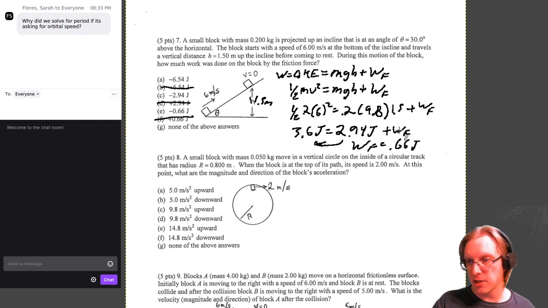Like I said, it's positive because I put it on this side. Work of friction should be on this side here, on the initial side. So if it was over here, then it'd be a negative number. So here we go. That makes sense? Questions about that? Did I actually confuse people with putting my work of friction on the wrong side? Hearing none.